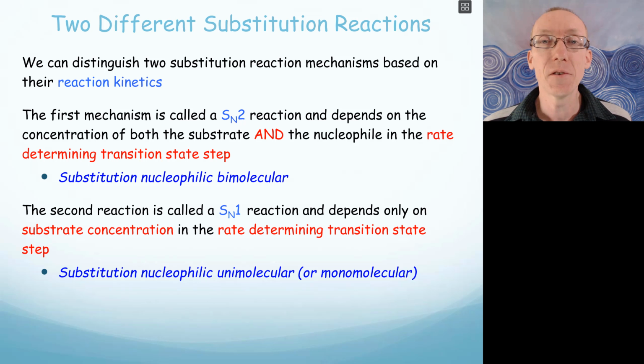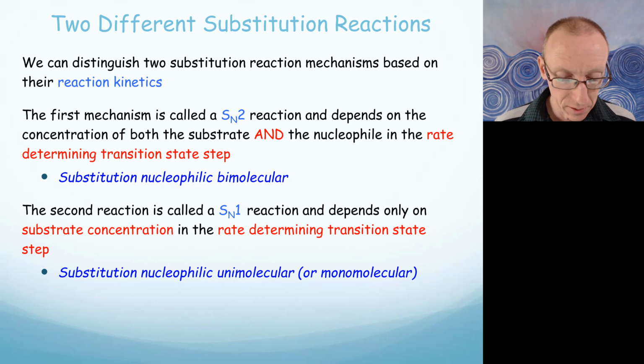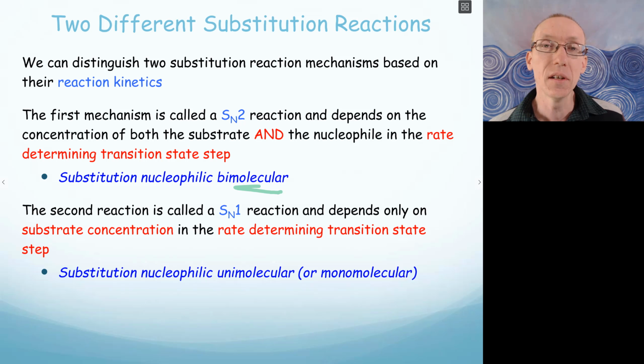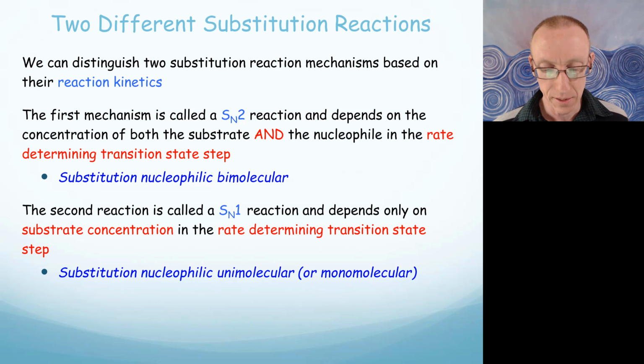So there's two different major reaction mechanisms for nucleophilic substitutions. There's SN2 and SN1. The SN2 reaction is substitution, nucleophilic bimolecular. The other one is SN1, and it is substitution, nucleophilic unimolecular. In the first one, the bimolecular reaction, the rate of the reaction depends on the concentration of both the nucleophile and the electrophile, the alkyl halide.